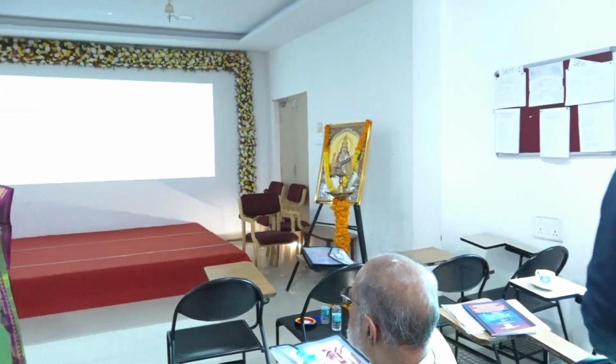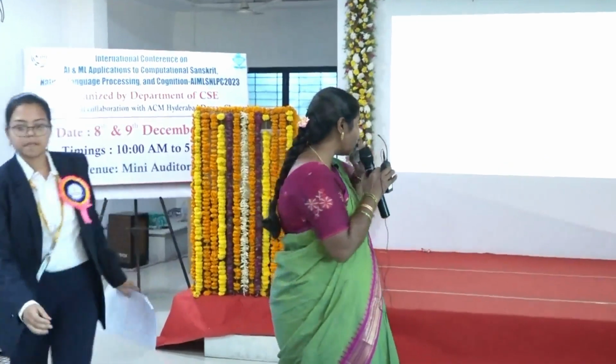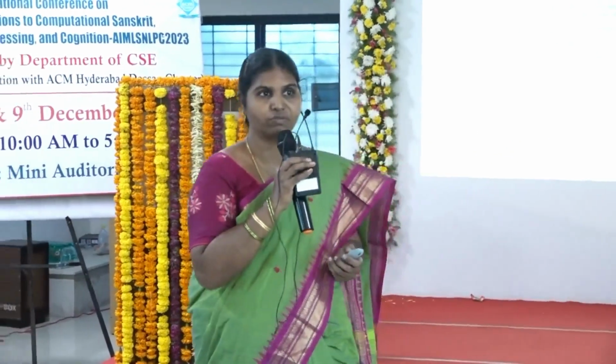Actually it's sensitivity and specificity. Accuracy will be calculated from the confusion matrix, which I have not given over here. Accuracy is calculated from the true positive and true negative values.